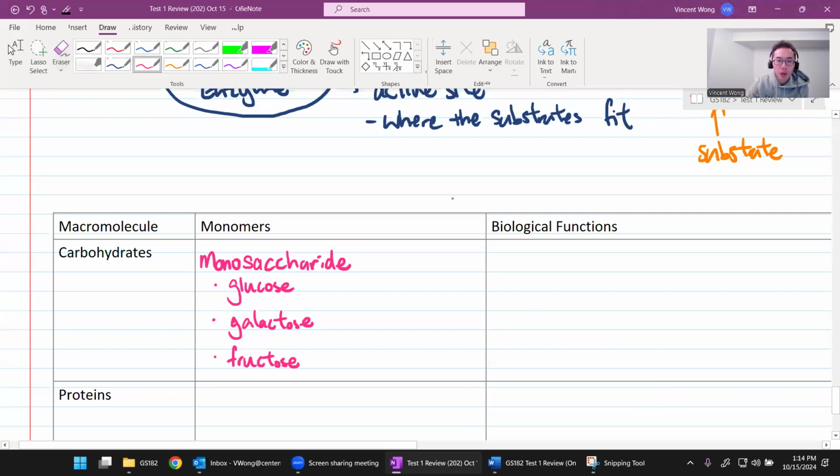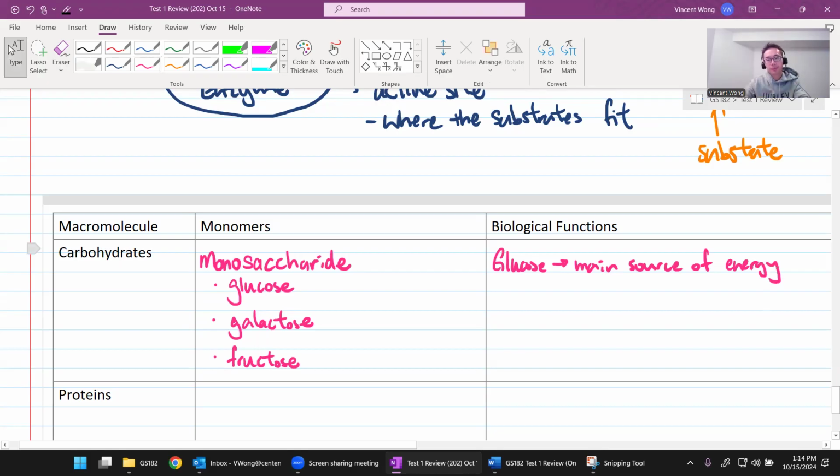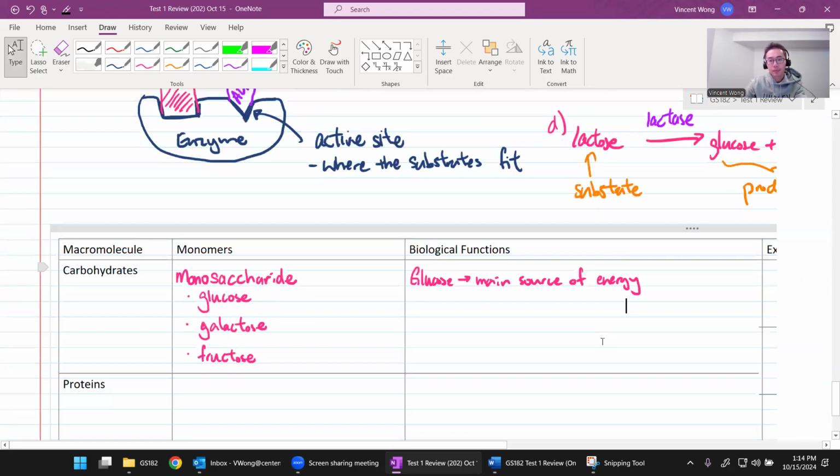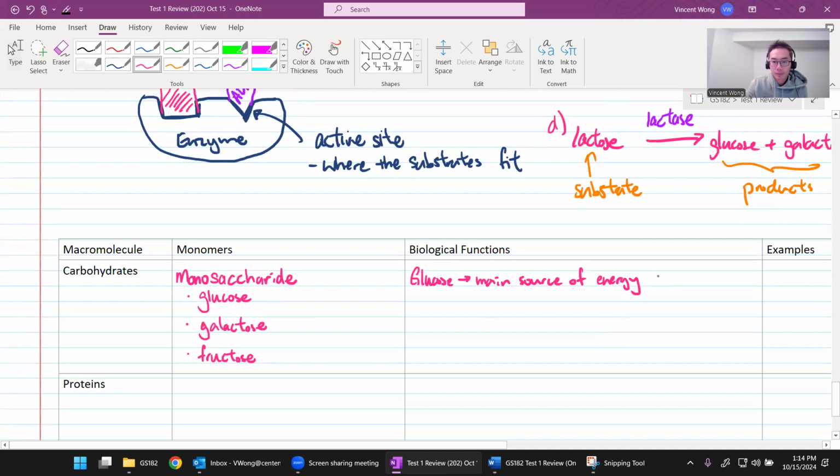As for the biological function, I'm just going to list a few here. Glucose would be the main source of energy production. Okay. Now we know it is in cellular respiration.